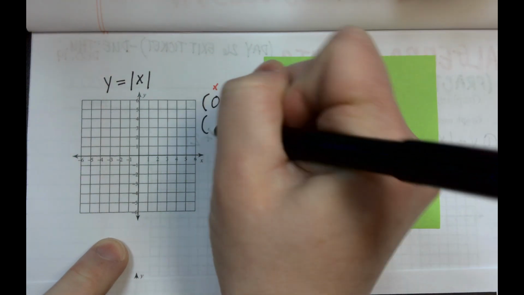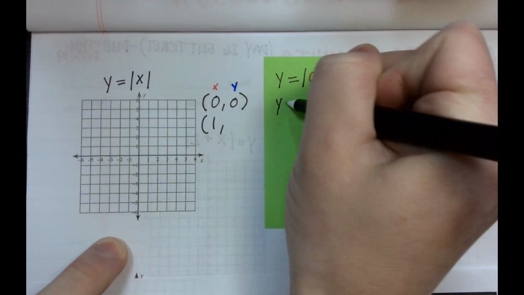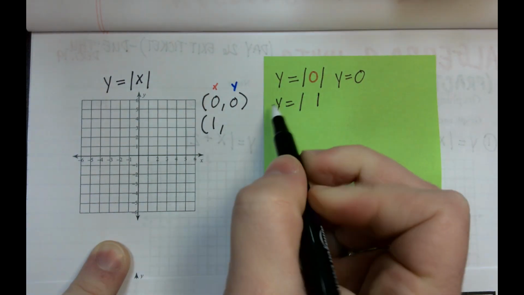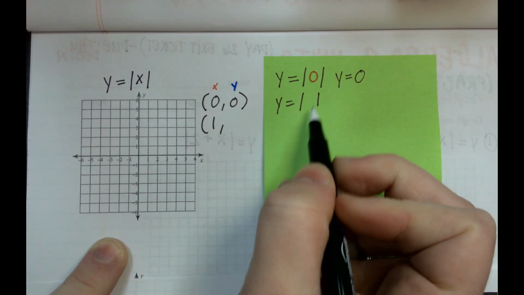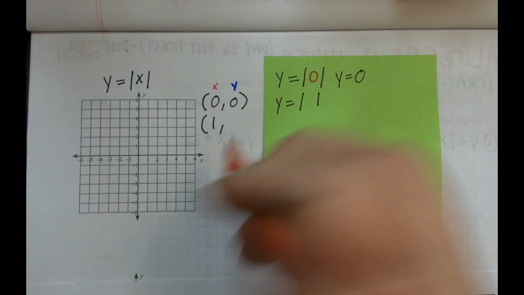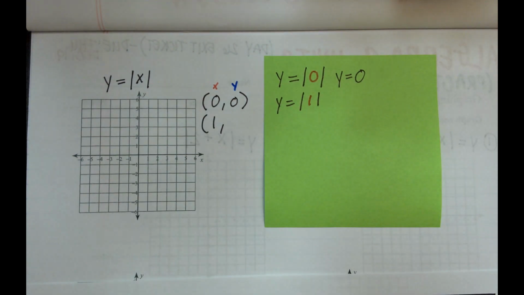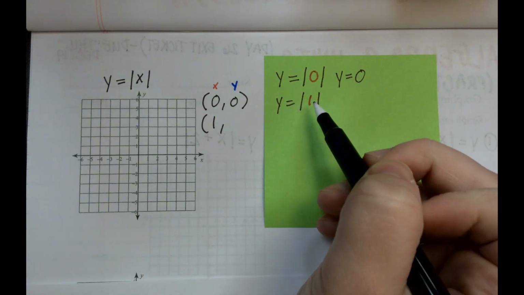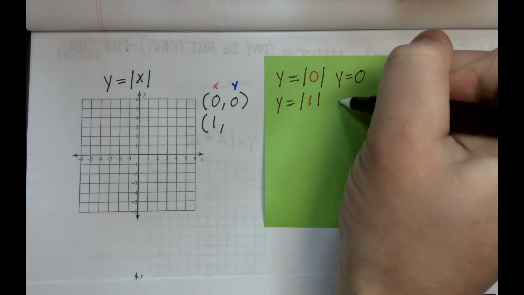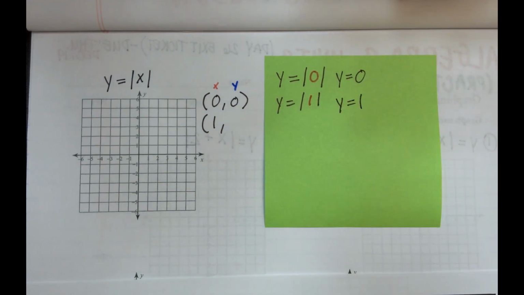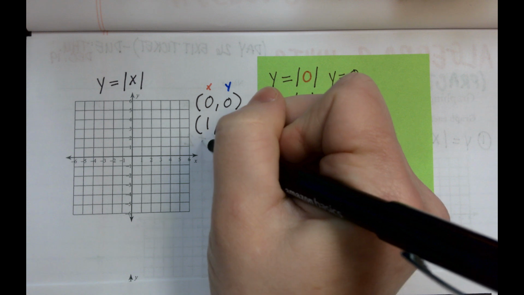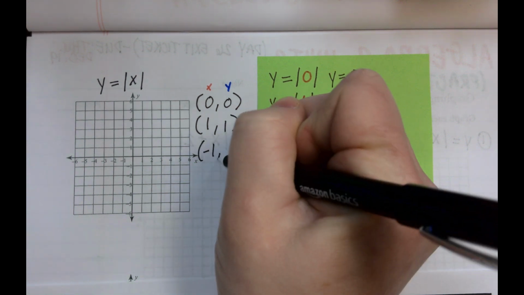What if x was 1? We would just do y is the absolute value of x. We said x is 1. The absolute value of 1 is 1. So y is 1. What if we do a negative 1?